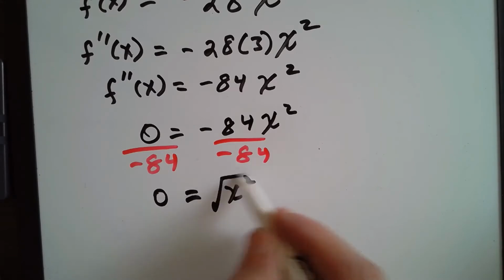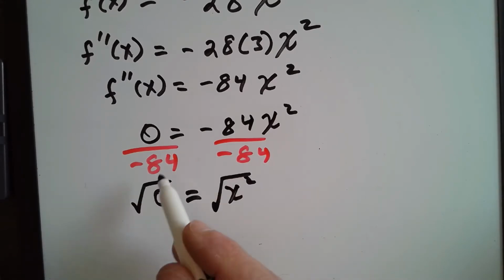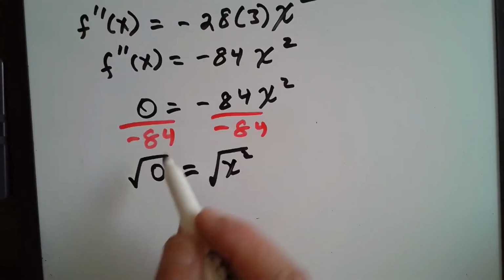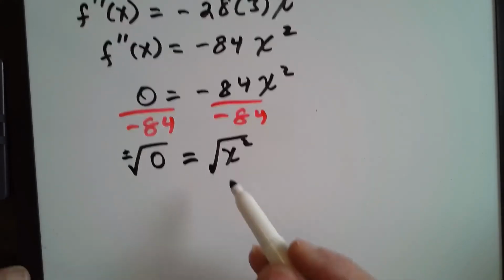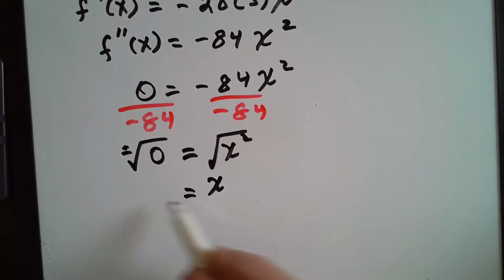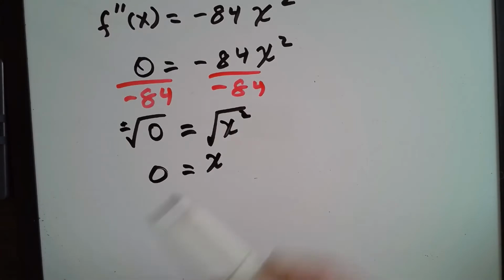And then apply the square root to both sides, and we get x equal to 0. Well, 0 doesn't have a positive or negative, it's just 0. And so we drop the plus or minus.